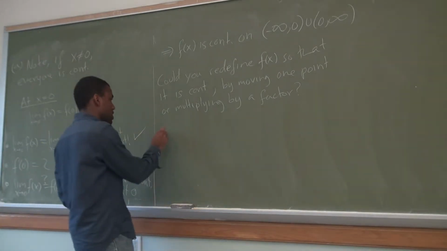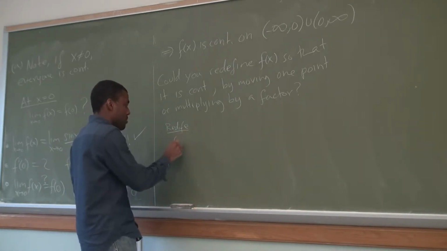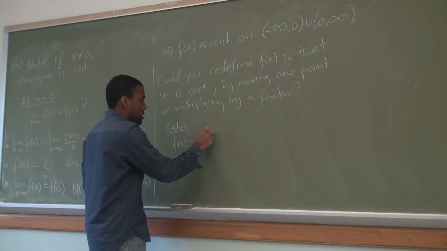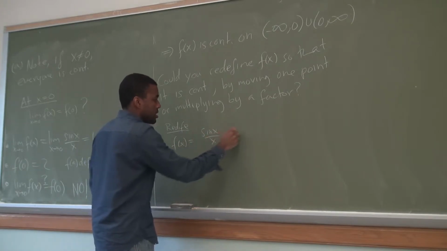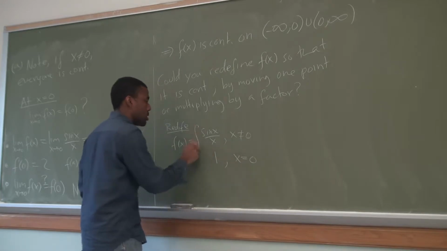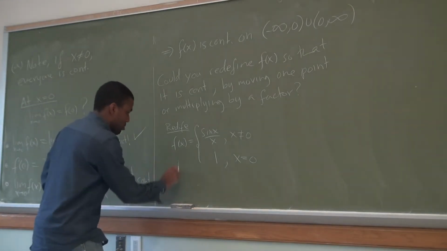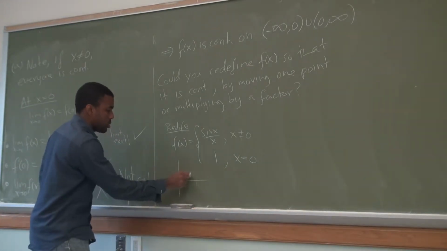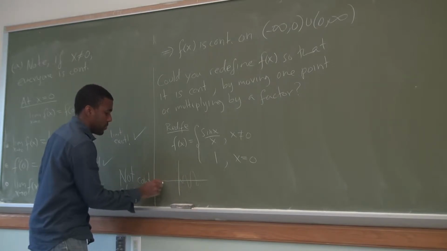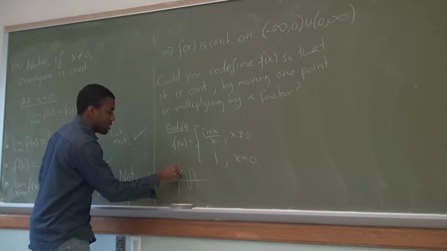Right, you can just redefine f of x to be sine x over x, as long as x is not 0, but then make this 1 instead of 2 when x is 0. And that function will actually be continuous everywhere. You actually fix the problem. Because the problem here was your function is doing whatever it's doing and it's approaching 1.